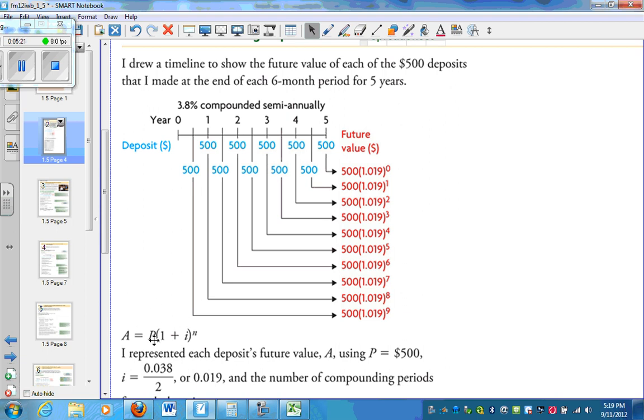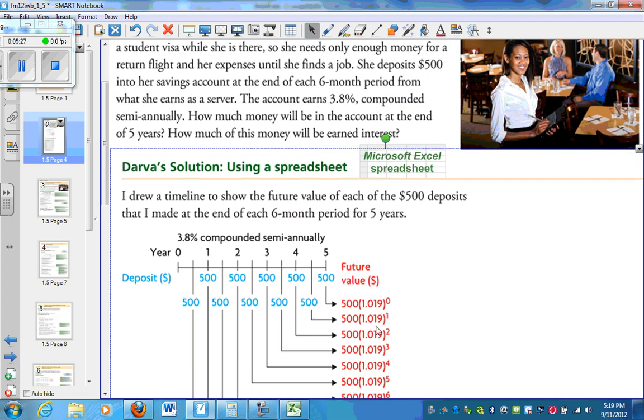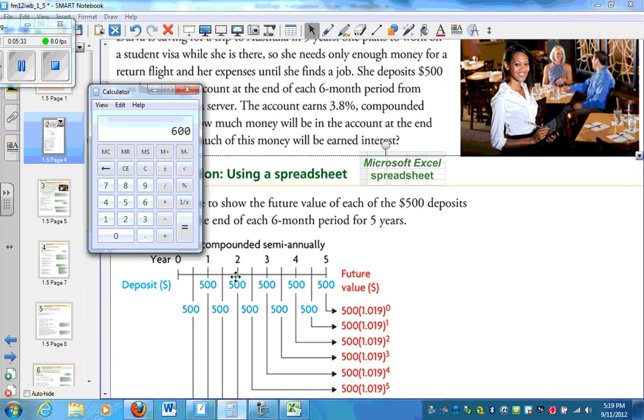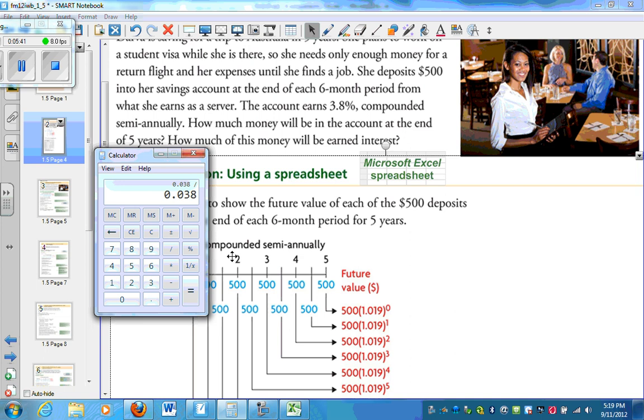So her principal is 500, times 1 plus interest. How did she get 0.019 when the interest was 3.8? What she did is she took her calculator and she did 0.038 and divided it by how often it's compounded. Semi-annual, divided by 2, that's how she got 0.019.